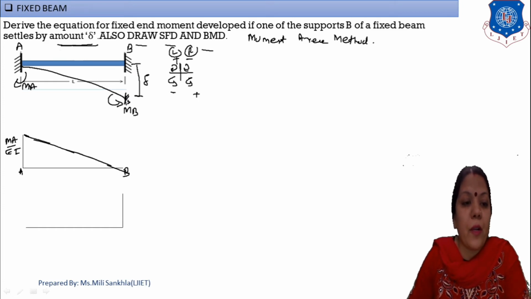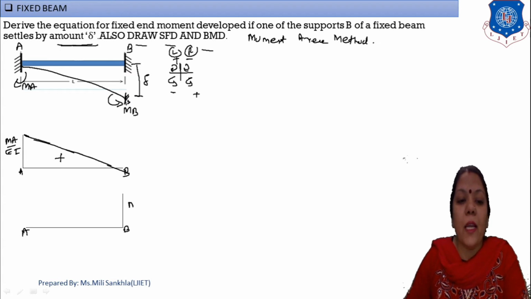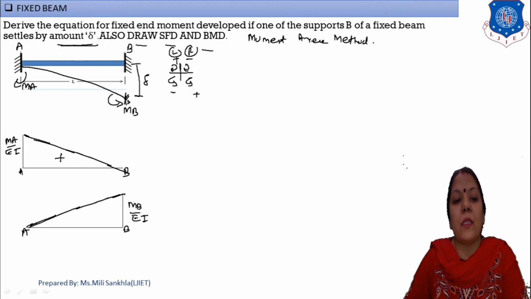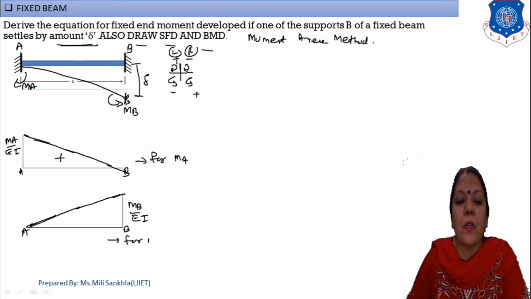This is our B point and plus diagram, and again A point and this B point, and height is equal to MB by EI, and again simply join these two points. The first diagram is for moment MA, and this diagram is for moment MB.